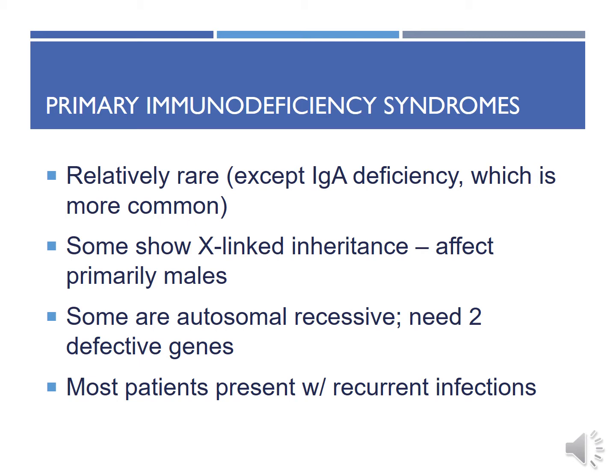But the overall common denominator when we talk about immunodeficiency syndromes is that most patients present with recurrent infections. They can never get over a cold or some type of bacterial infection, and that is the primary symptom that these patients present with.